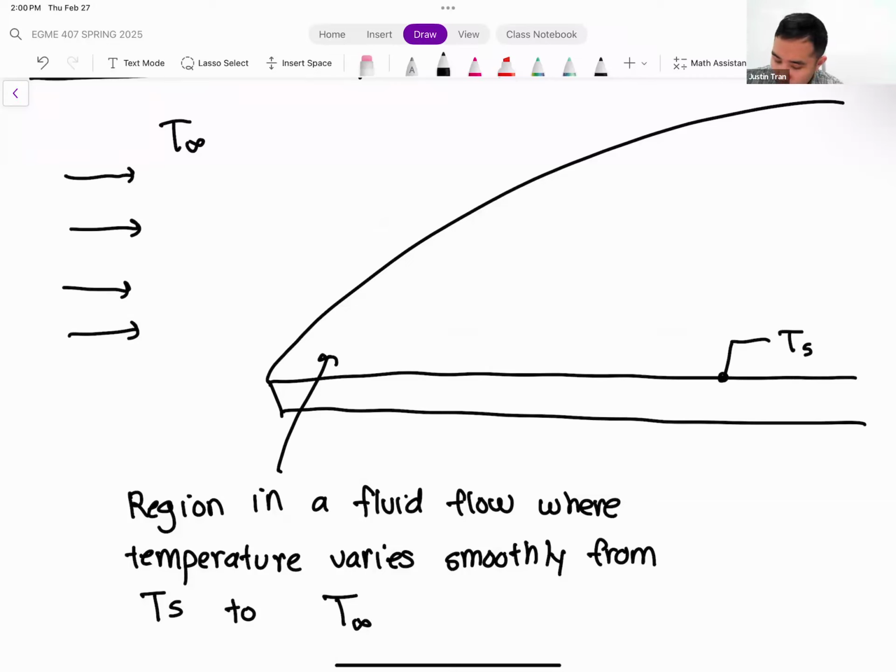Okay. All right, so just like the velocity, we can also draw kind of what that looks like.